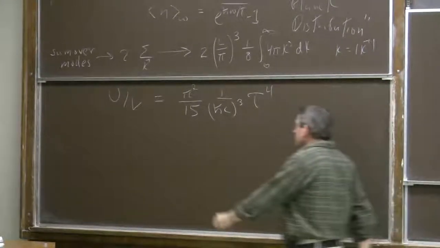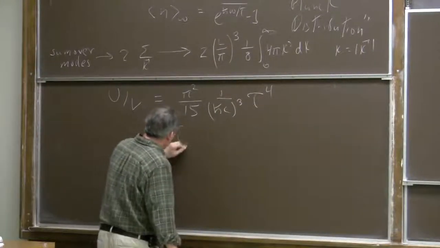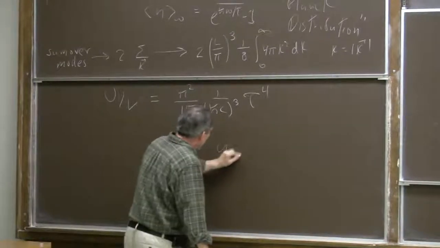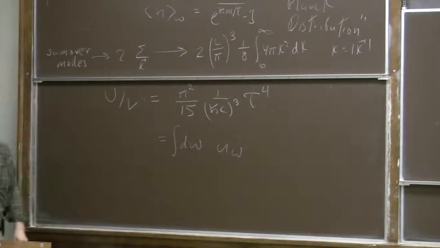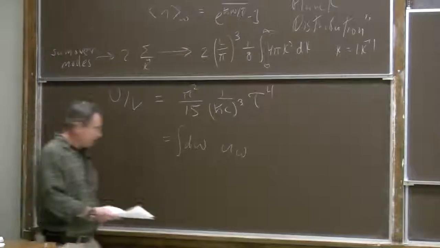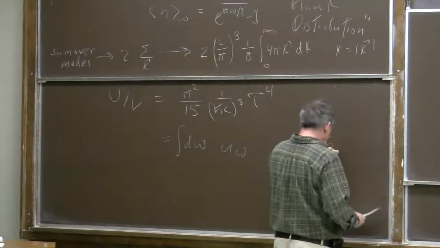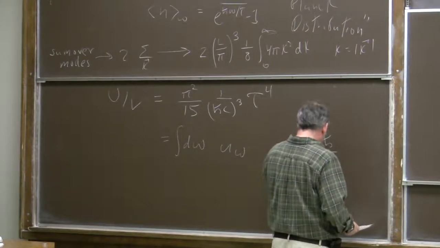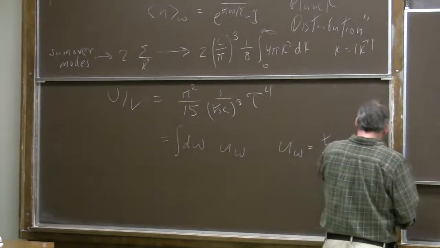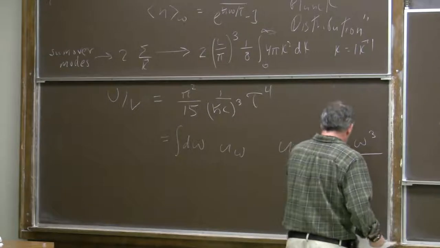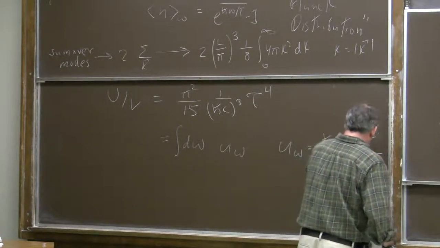Actually, we found it convenient to write this as an integral over circular frequency of a spectral density for the radiation, u omega. U omega was h bar over pi squared c cubed, omega cubed, over e to the h bar omega over tau minus 1.